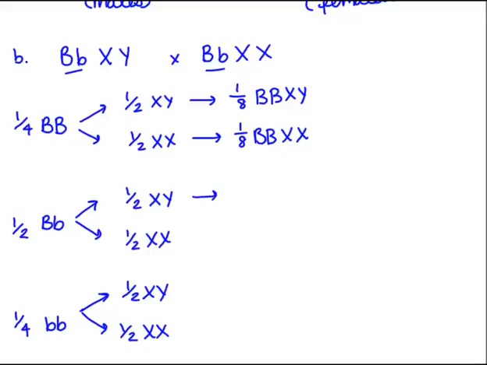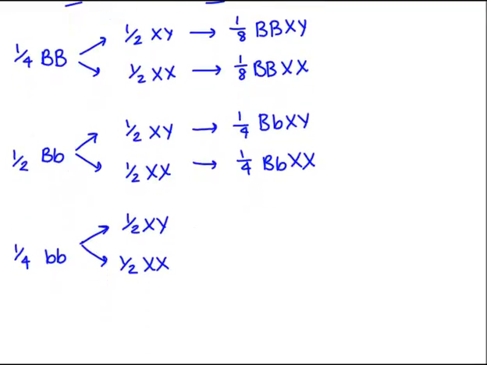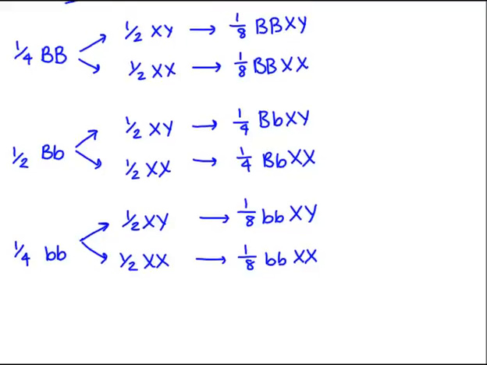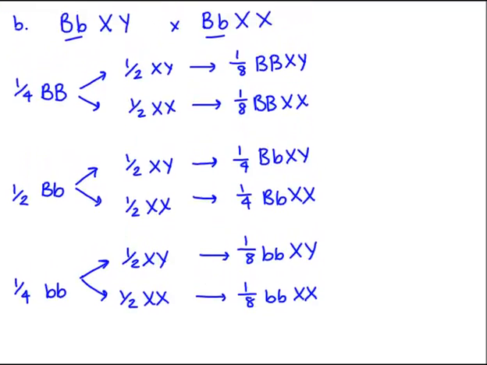Now you have 1/2 times 1/2, that's 1/4, big B, little b, XY, and 1/4, big B, little b, XX. Another 1/4 times 1/2 is 1/8, little b, little b, XY, and 1/8, little b, little b, XX. So these are the genotypes and the ratios, which is what the problem asked for.